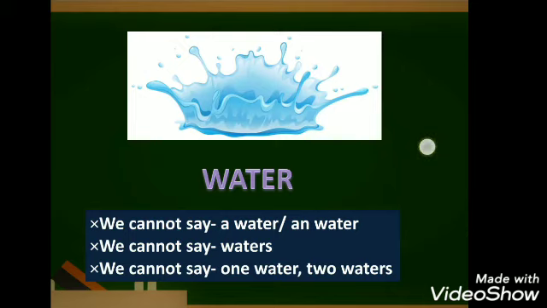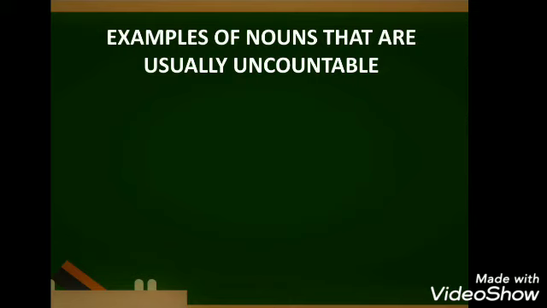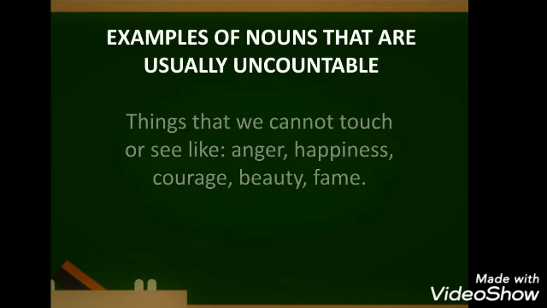Examples of nouns that are usually uncountable. Things that we cannot touch or see, like anger, happiness, courage, beauty, fame. These words, we can only feel them, but we can neither touch them nor see them. We can only feel a person becoming happy, but we cannot count his happiness.